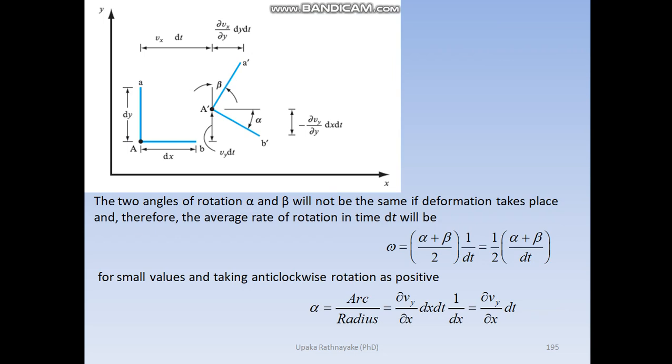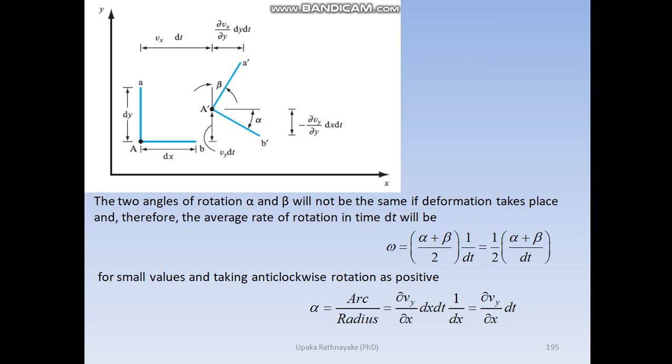For the rotation, we can define the angular velocity. We know angular velocity is the rate of change of angle. Now, here we have two angles of rotation, alpha and beta, which we assume are not equal. Therefore, let us take the average angle, that is alpha plus beta divided by 2.